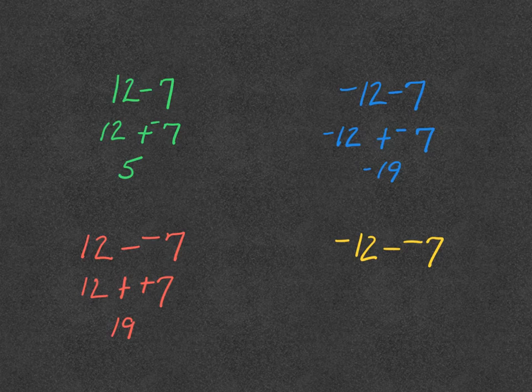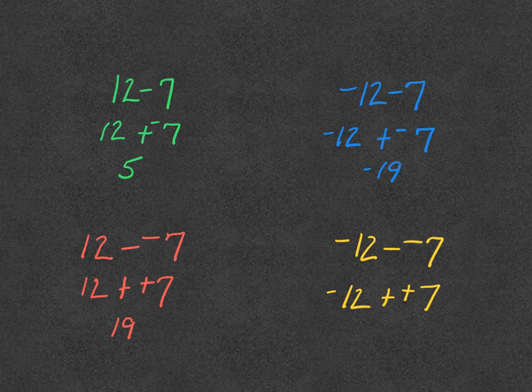Now for the last one, I have negative 12 minus a negative 7. Again, I'm going to do change, change. Negative 12 minus negative 7. I'm going to change subtraction to addition, and the opposite of a negative 7 is a positive 7. So we're going to make this a positive 7.